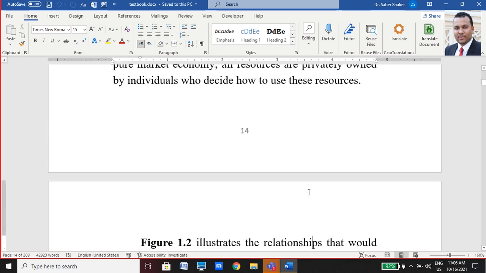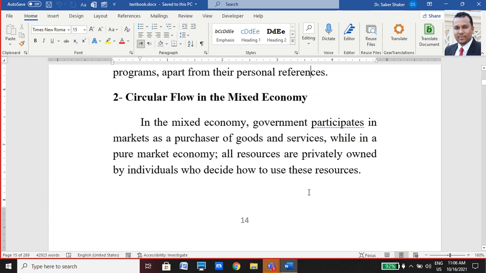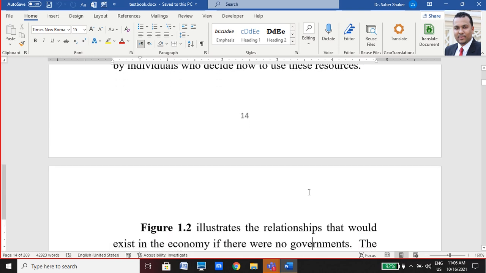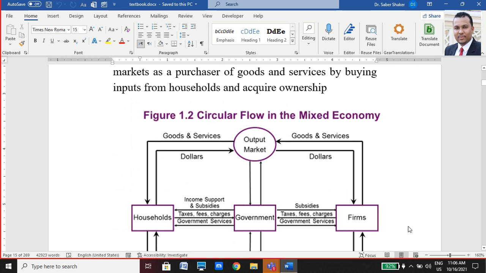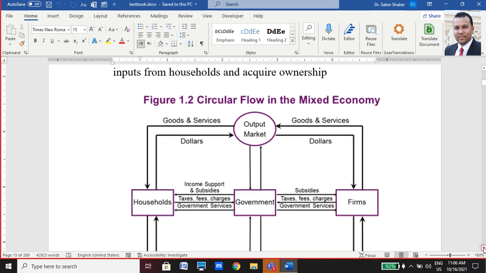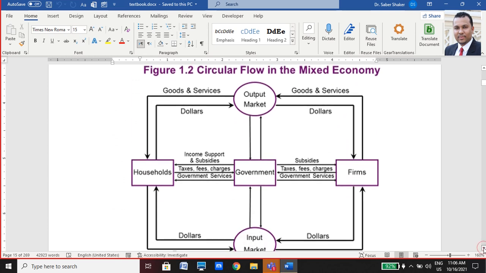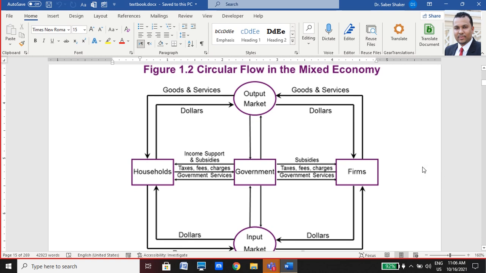The next point: what about the circular flow of a mixed economy? Our figure number 1-2, circular flow in the mixed economy. We talk about three sectors: firms or business, government, and households. We start from the household sector.